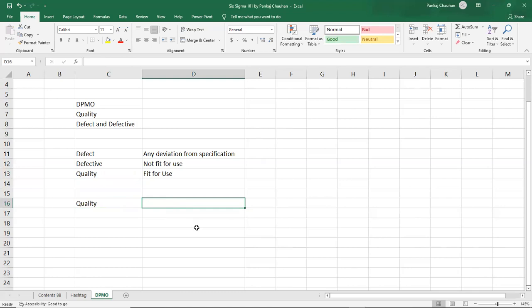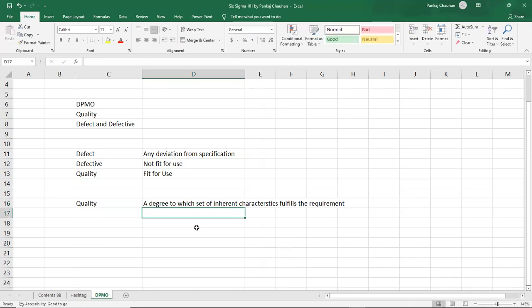The definition of quality as per ISO 9000 is the degree to which a set of inherent characteristics fulfills the requirement.